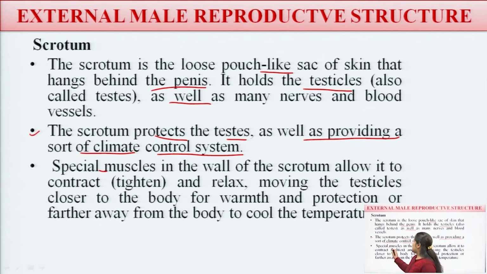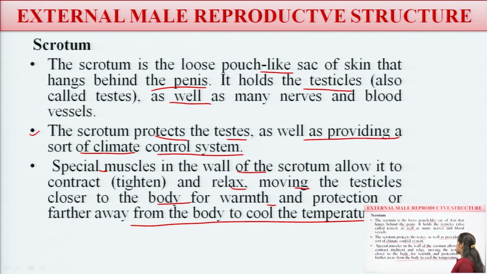Special muscles in the walls of the scrotum contract or tighten and relax, moving the testicles closer to the body for warmth and protection, or further away from the body to cool the temperature, because if the temperature is too high, the sperms may die, or may become infertile.